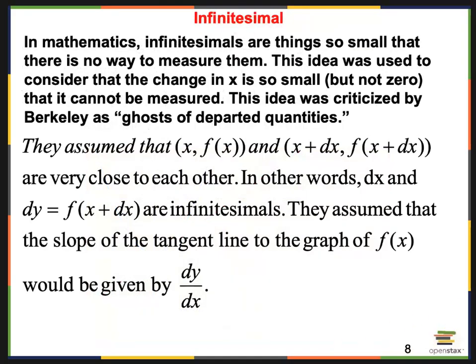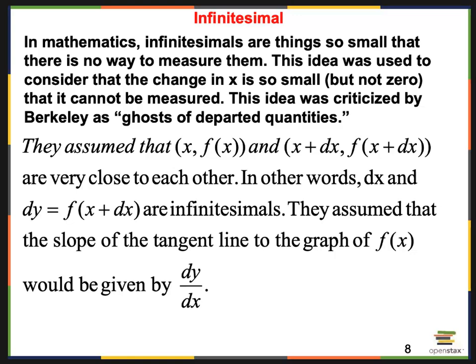Okay. So in mathematics, infinitesimals are things that are so small that there's no way to measure them. This idea was used to consider the change in x is so small, but not zero, that it cannot be measured. The idea was criticized by Berkeley as ghost of departed quantities.